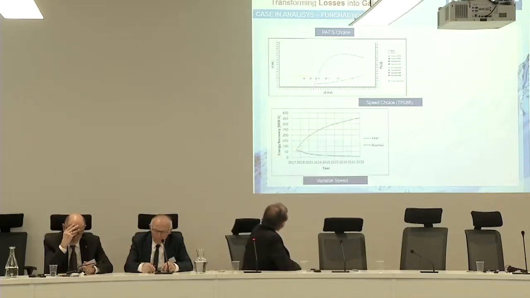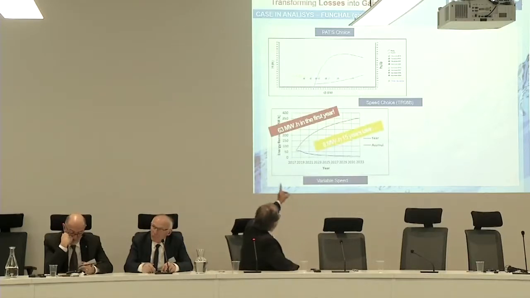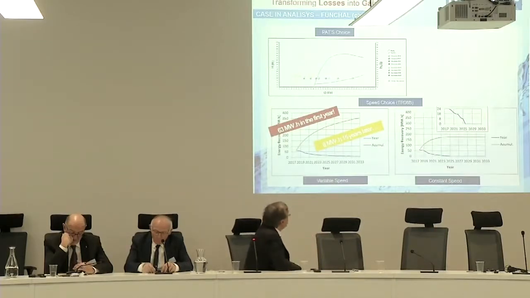Here we made an experiment with variable speed, and in the first year it is good, but 15 years later the production is a lot less. If we use constant speed, the daily hours of production go down and down, because the efficiency along the way is getting down.